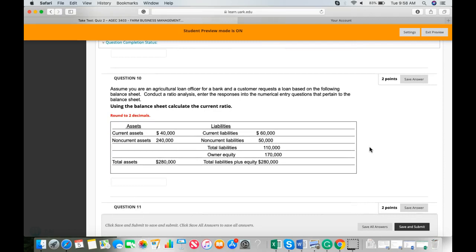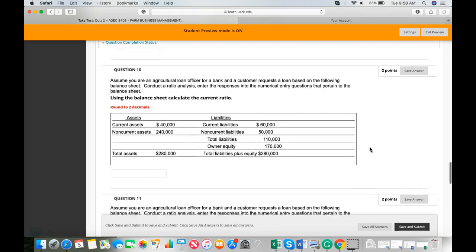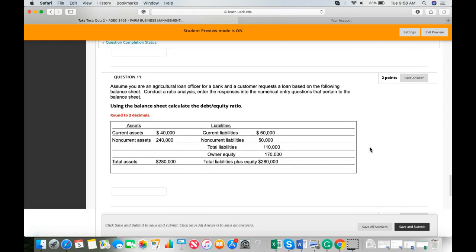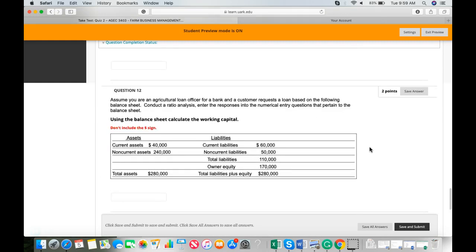My current ratio is current assets divided by current liabilities, so 40,000 divided by 60,000, which is 0.67. And then my debt to equity is total liabilities divided by total equity, which is 110,000 divided by 170,000, which is 0.65. Now I want to calculate my working capital, which is my current assets minus current liabilities, which will be a negative number, negative 20,000.